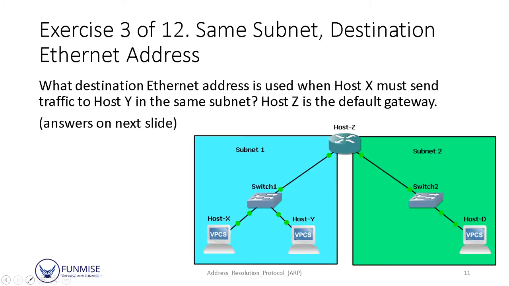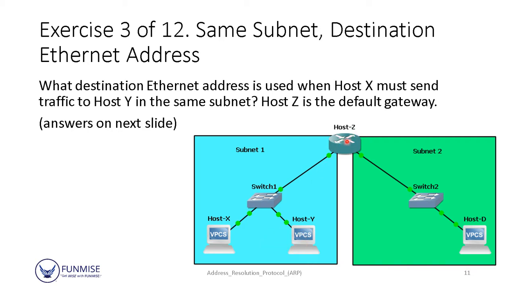Exercise 3 of 12. Same subnet, destination Ethernet address. Now, what destination Ethernet address is used when host X must send traffic to host Y in the same subnet? Here in our diagram, we have host X, which needs to send something to host Y. What destination Ethernet address is host X going to use to transmit to host Y?